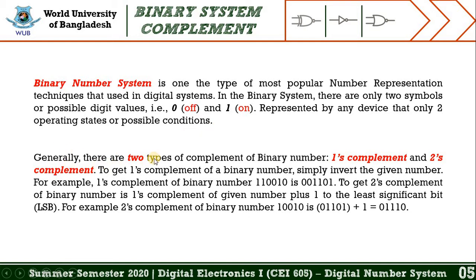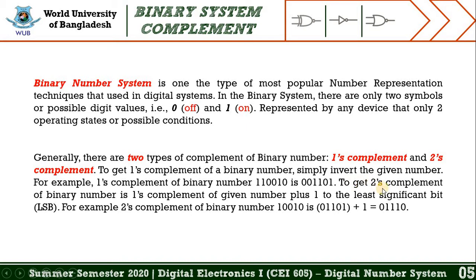Next, generally there are two types of complement of a binary number. One is ones complement and another one is two's complement. To get ones complement of a binary number, simply invert the given number. For example, ones complement of binary number 110010 is 001101.